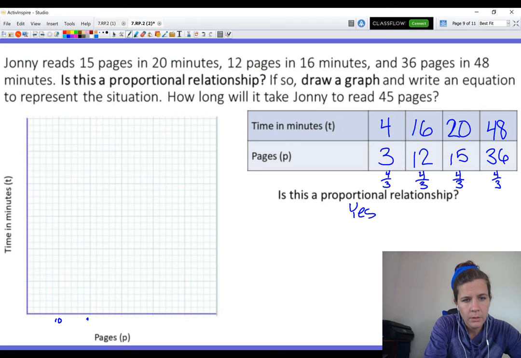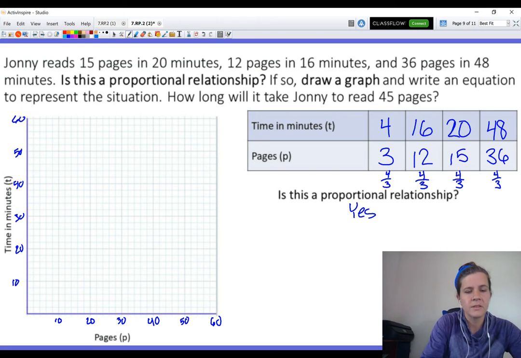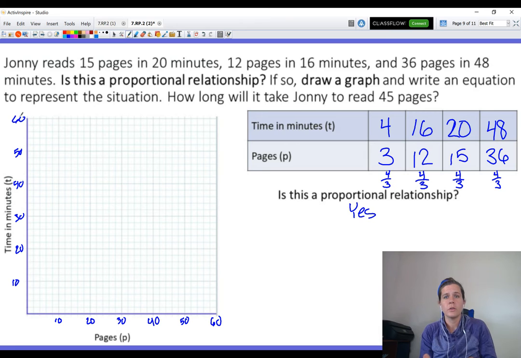So 10, 20, 30, 40, 50, and 60. Same with the y-axis: 10, 20, 30, 40, 50, and 60. You need to put those on there so that the person looking at your graph knows what they're working with.